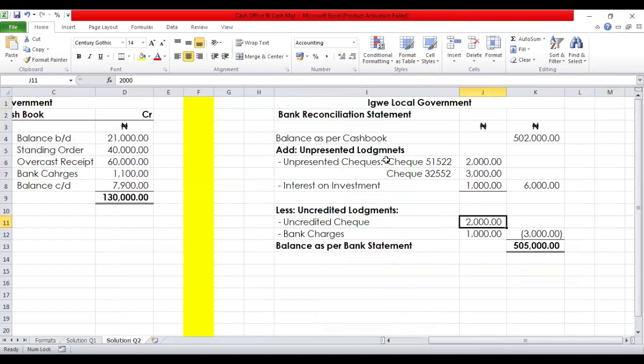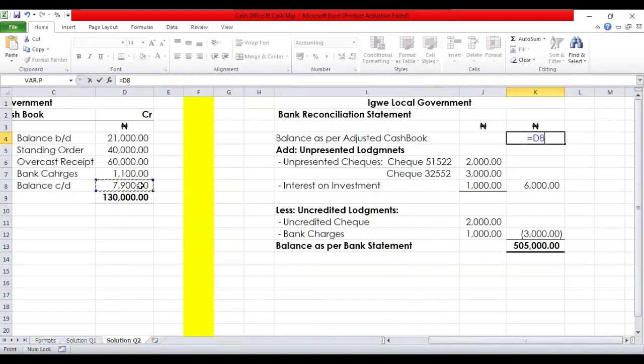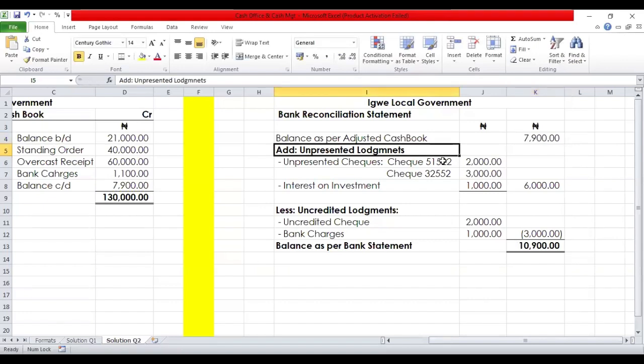Do we have unpresented check? Yes, sir. Will now be balance as per adjusted cash book. How much is it? 7,900. Presented check, what do we have?